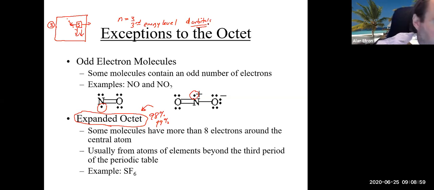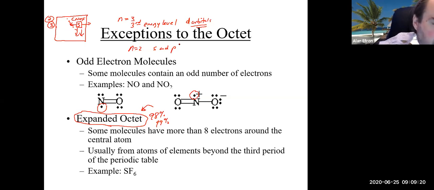That also means that if you back up on the periodic table to period number 2, where we have carbon, nitrogen, oxygen, and fluorine, those elements have N equals 2, which only has s and p orbitals available.